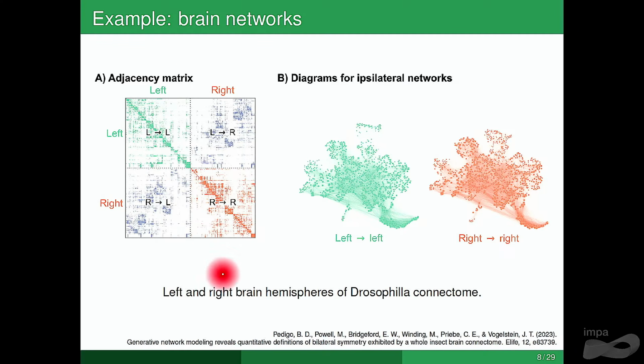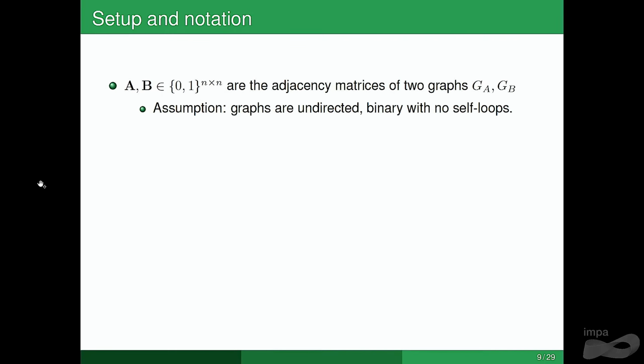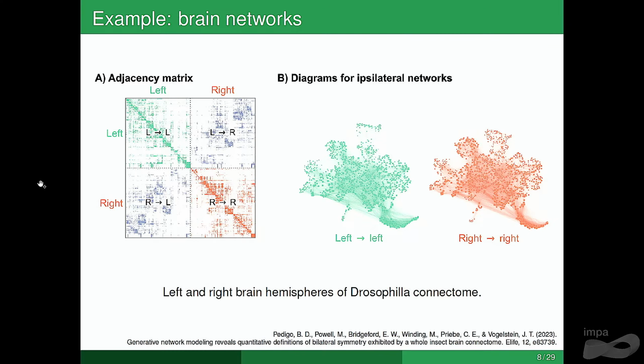So what you can see here in this picture is the adjacency matrix of the brain of this animal. On the top left, we see the connectivity between neurons in the left hemisphere, and the right bottom, we see the connectivity between neurons on the right hemisphere.